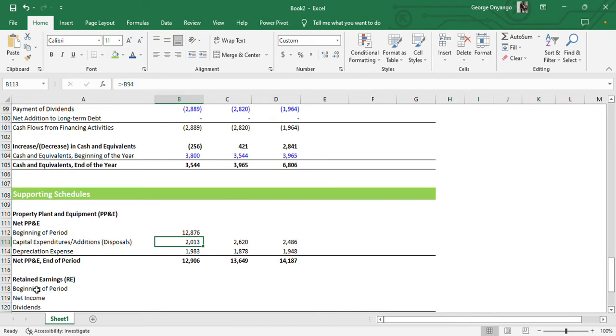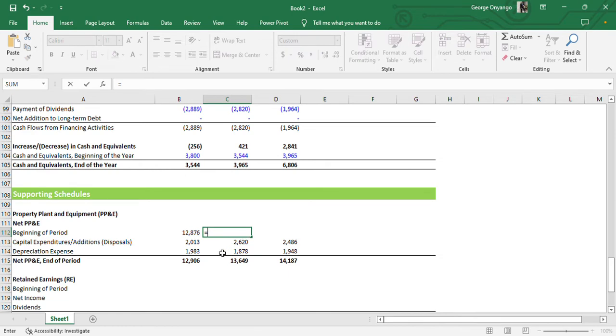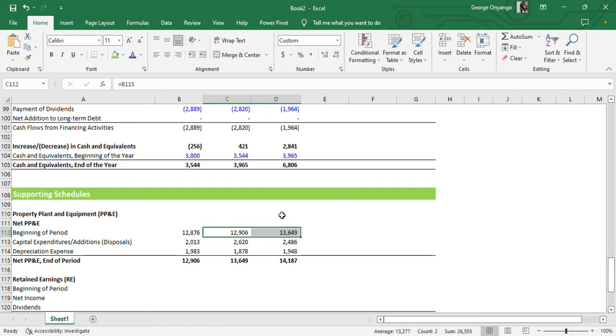As we go forward, we know that the beginning of the year 2011, the net property, plant and equipment will be equal to this one here. And the same thing goes for 2012. So we're just going to fill that, right, to get that value.